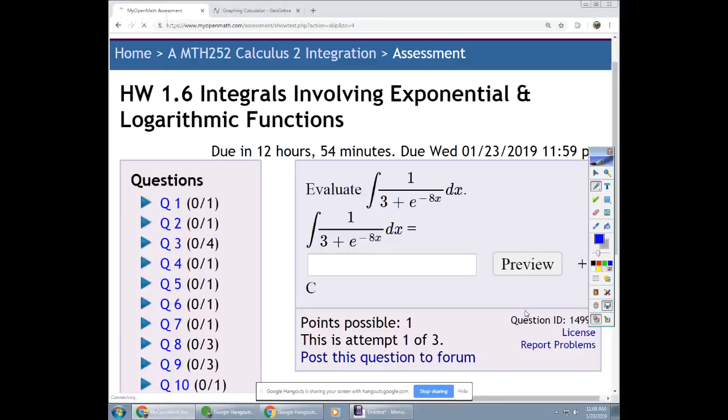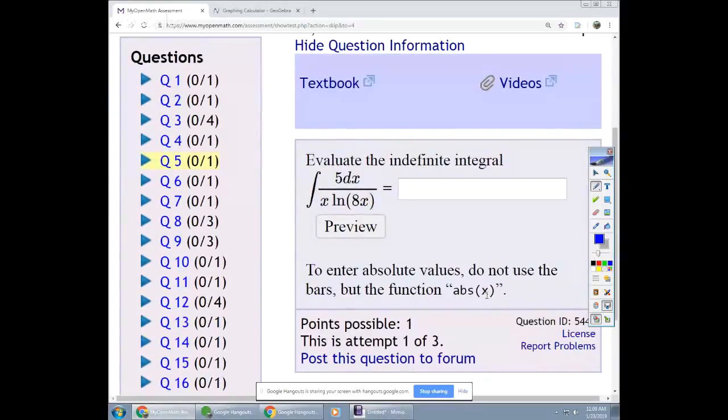Let's see, that was number 5 here. To enter absolute values, do not use bars, but use the function abs of x. Okay, so then that means I'm going to have 5 times the natural log, parentheses.